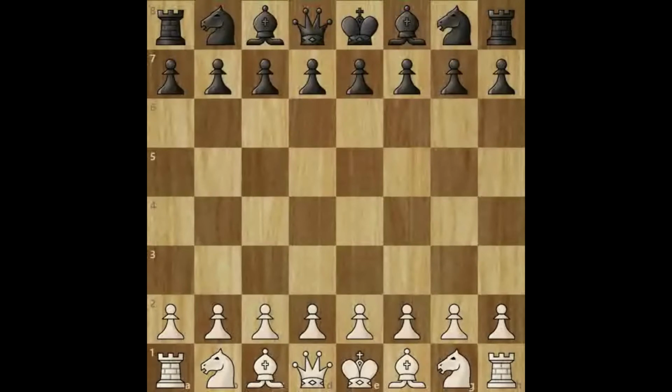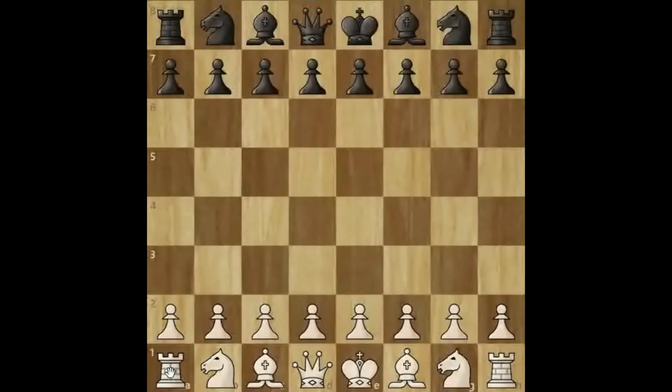Number 3, board coordinates. So there are 64 squares on a chessboard, and each of the squares has a notation. So we have 1 to 8 here, and we have A to H. So, for example, we can say this is A1.